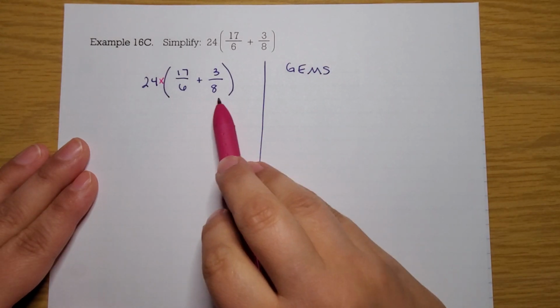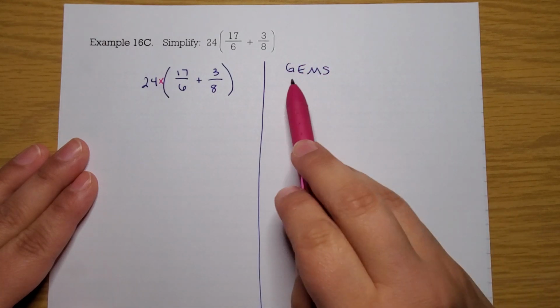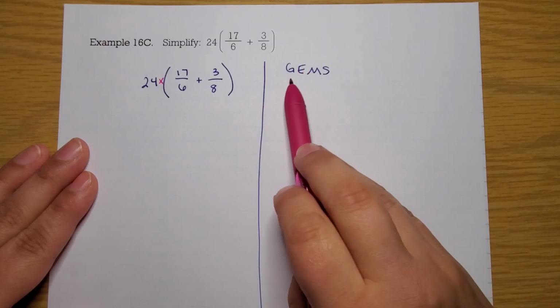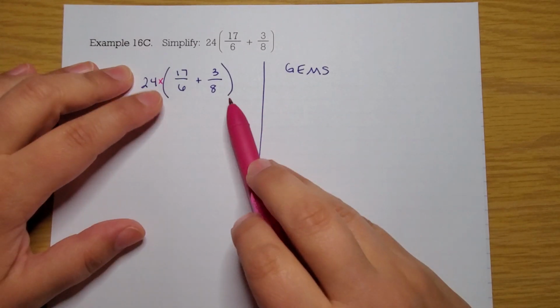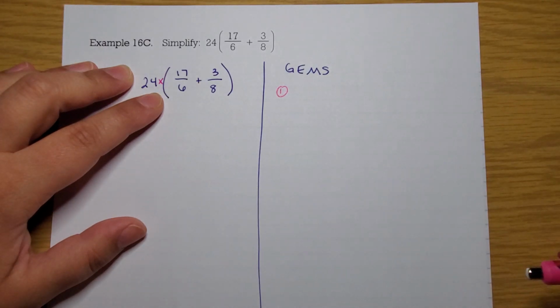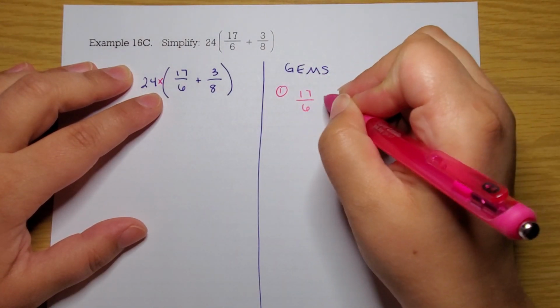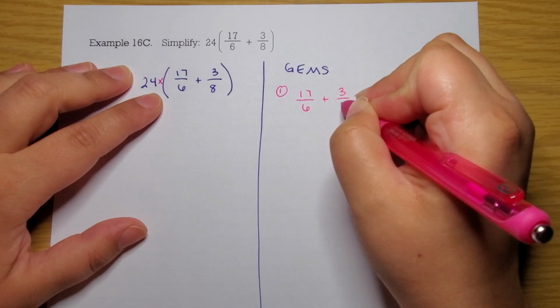And then in our parentheses, we've got an addition problem. So GEMS says, do you have any grouping symbols? And yes, we do. So we've got to do the grouping things first. So I'm going to write out my 17/6 plus my 3/8.